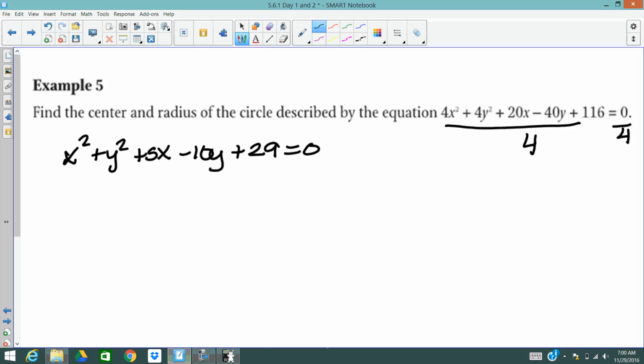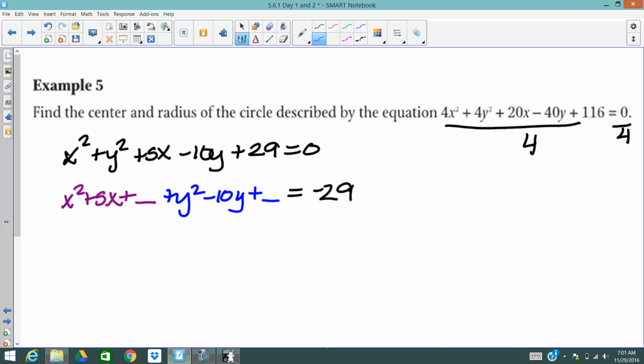And now completing the square is going to be a little bit ugly because my b term here is not even, but a little bit better than before. So group the x's together. Group the y's together. And let's move our constant over to the other side.